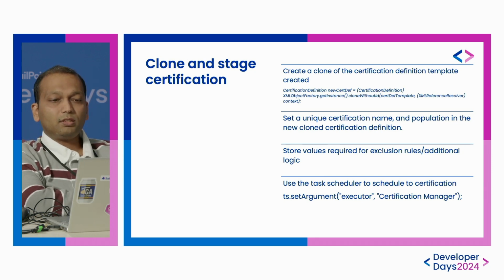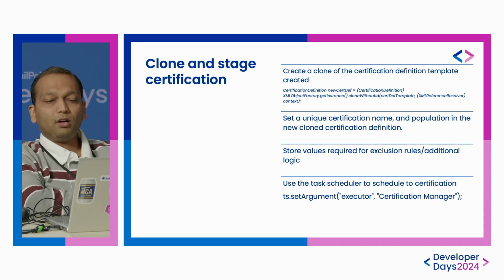And to do this, the first step, this is a sample code that is on the screen, is to clone the template that you have defined using an out-of-the-box API called XML Object Factory. This will clone the certification that you have defined with all the attributes we have created in the previous slides.